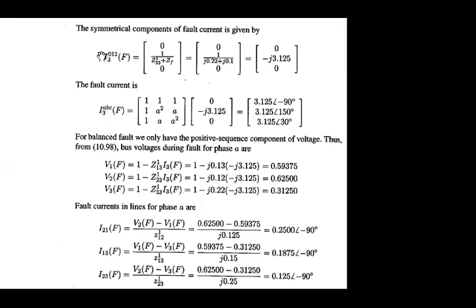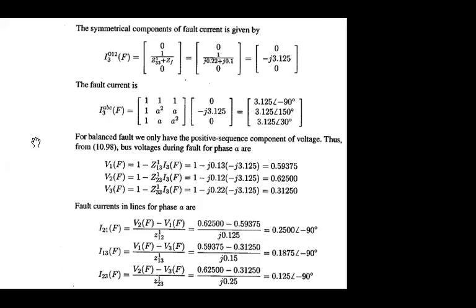Fault current determination, first step. Second step, bus voltage determination. Third step, the line current information during fault. It is for only one fault scenario, the balanced fault scenario. Now you can apply the similar concept for other faults as well.